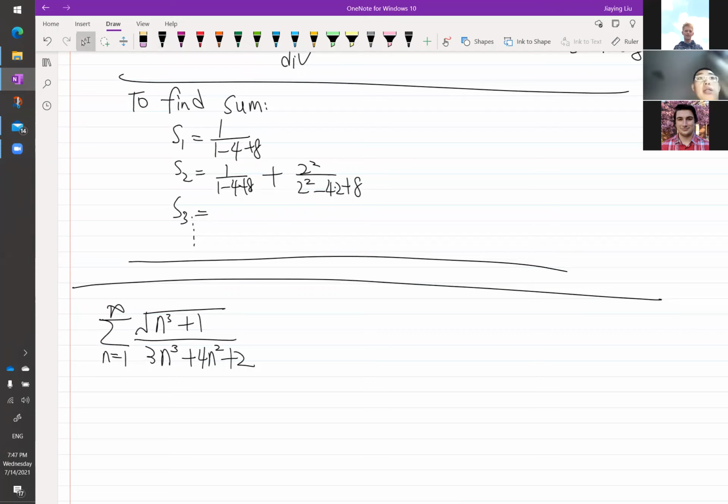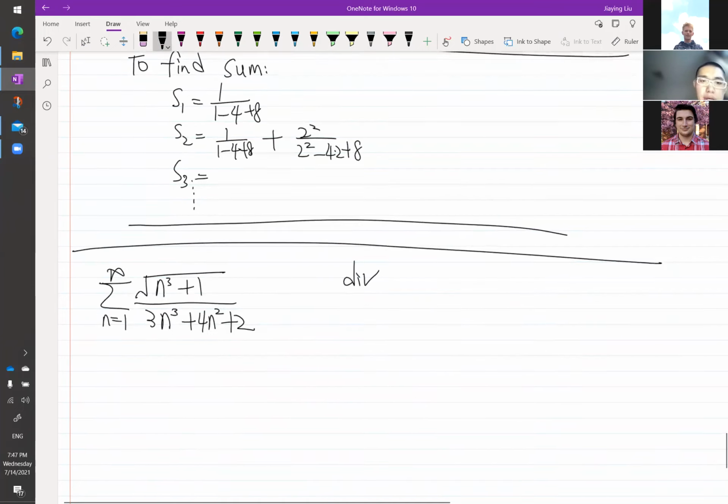For this one, if we try to use the divergence test, it's probably not going to give us anything.